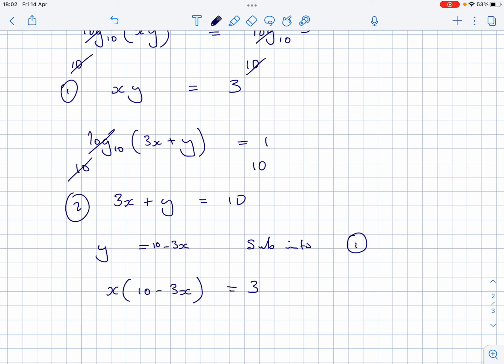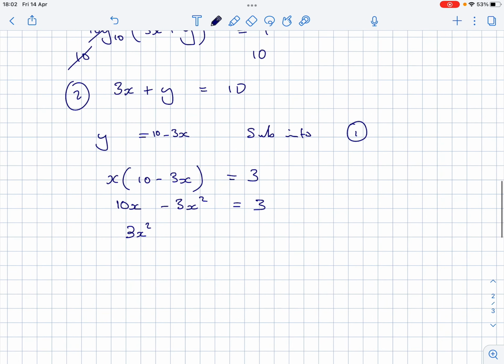Okay, I feel like you don't really need me to do the rest, but let's just plough through. So we get a quadratic, plus 3 equals 0. That factorises to give me that.